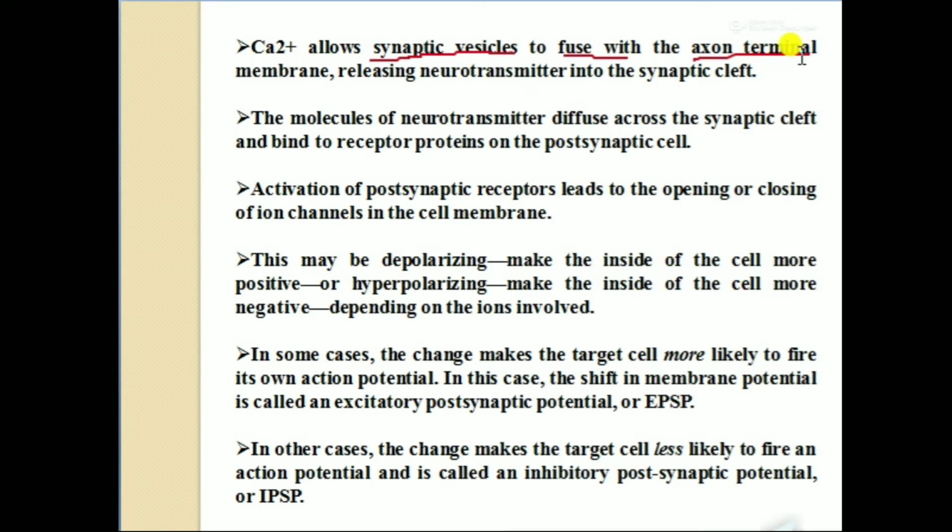That means the action potential reaches the axon terminal and depolarizes the membrane. Then the voltage gated sodium channels as well as the calcium channels open, and calcium and sodium flow inside.